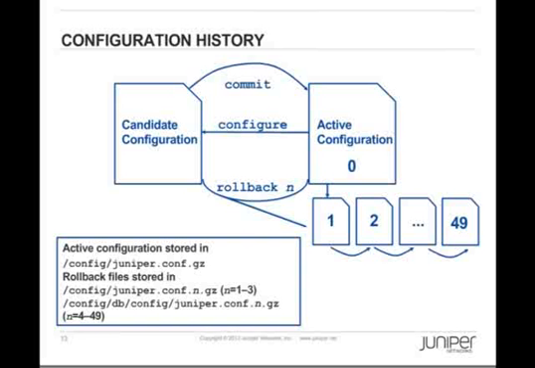What used to be the active configuration 0, from a file standpoint, now gets saved as number 1. And everything goes up to number 49. So Junos saves 49 of its previous configs along with the one active config, so 50 configs are saved.